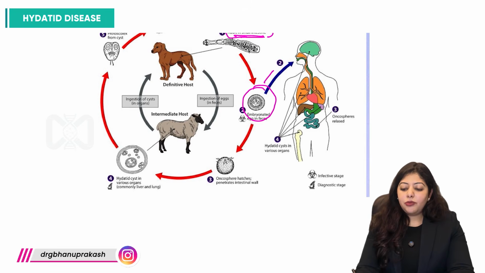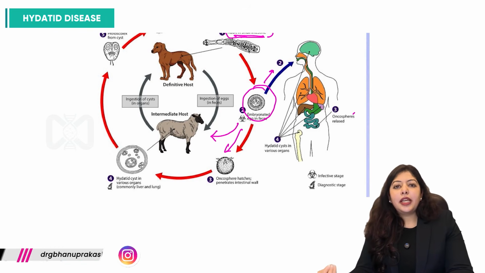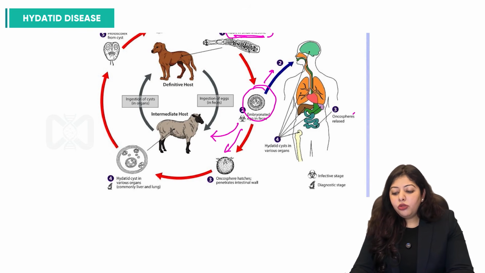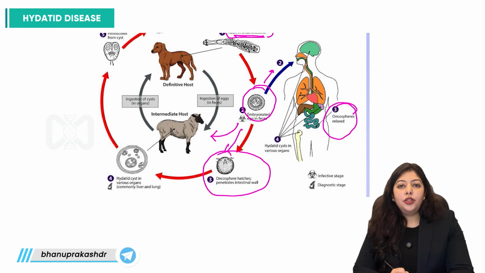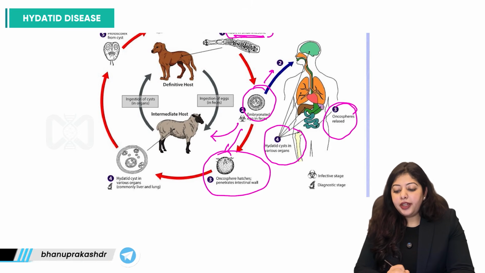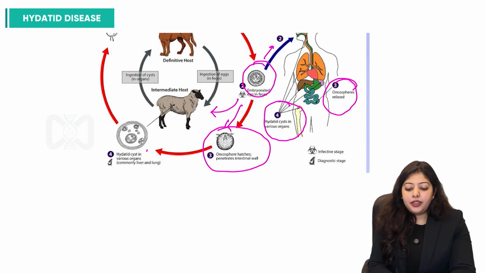Now these eggs would be taken up by humans as well as sheep. The oncosphere is released in humans, and in sheep intestines as well, which will later convert into hydatid cysts in various organs.